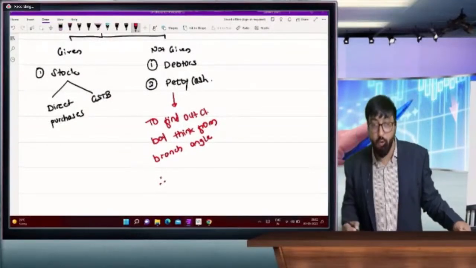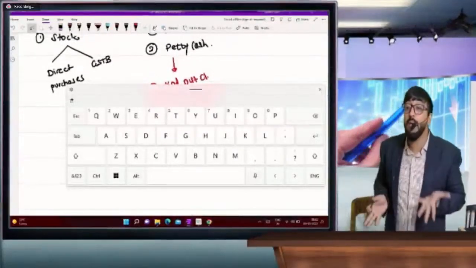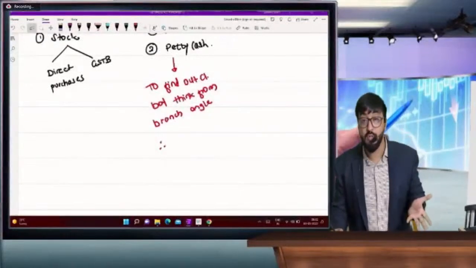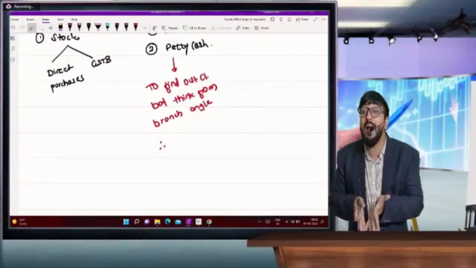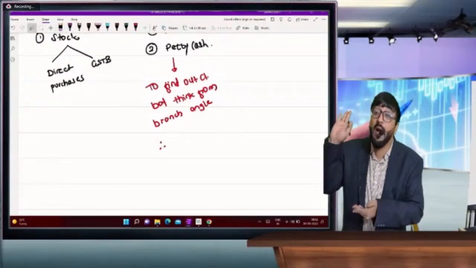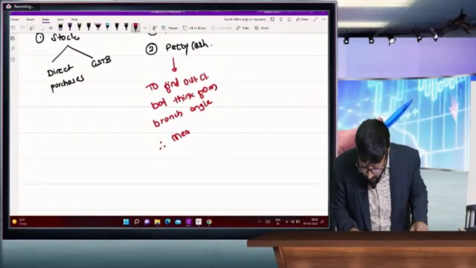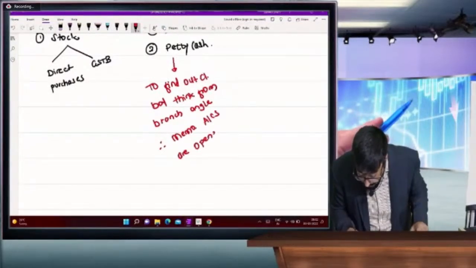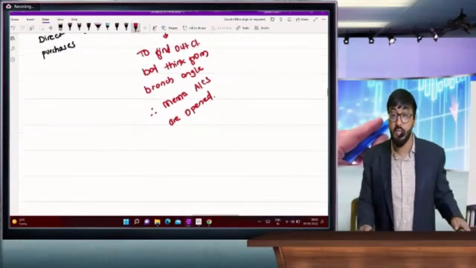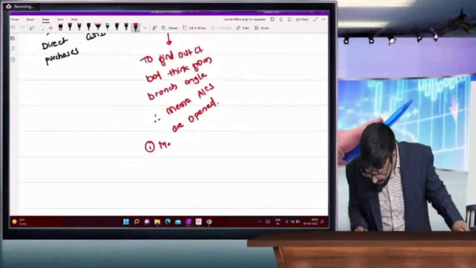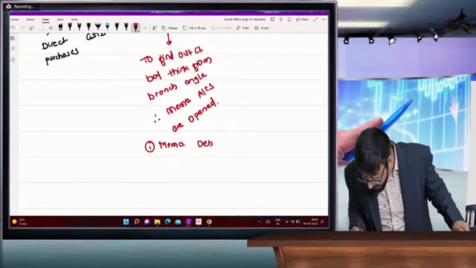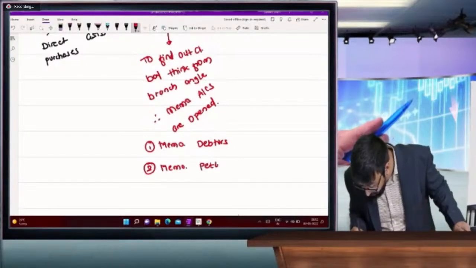We are looking at head office books, but for finding out these closing balances, we have to think from the branch angle, and therefore memorandum accounts are opened. Which memorandum accounts? Memorandum debtors account and memorandum petty cash account.